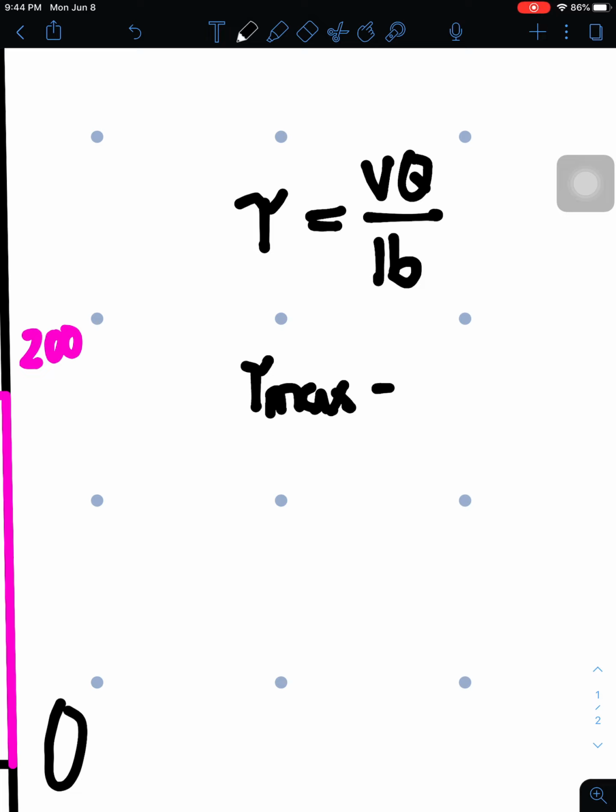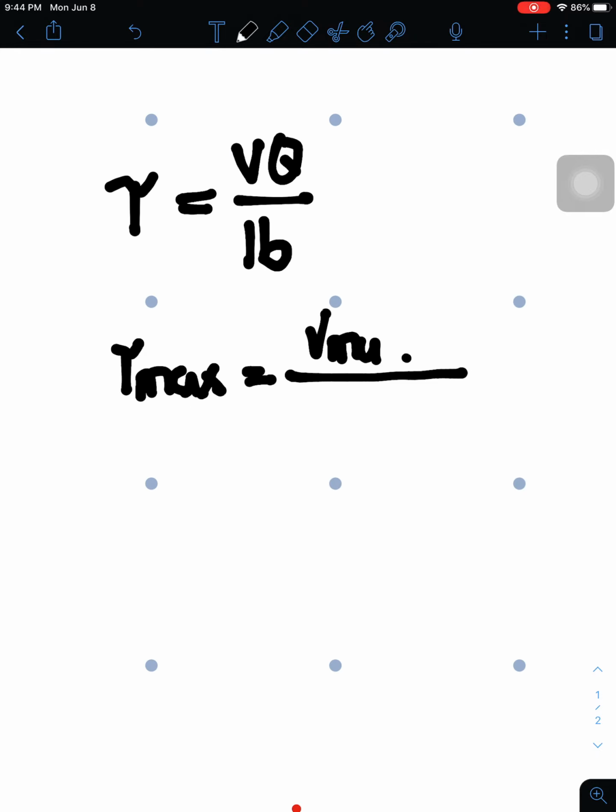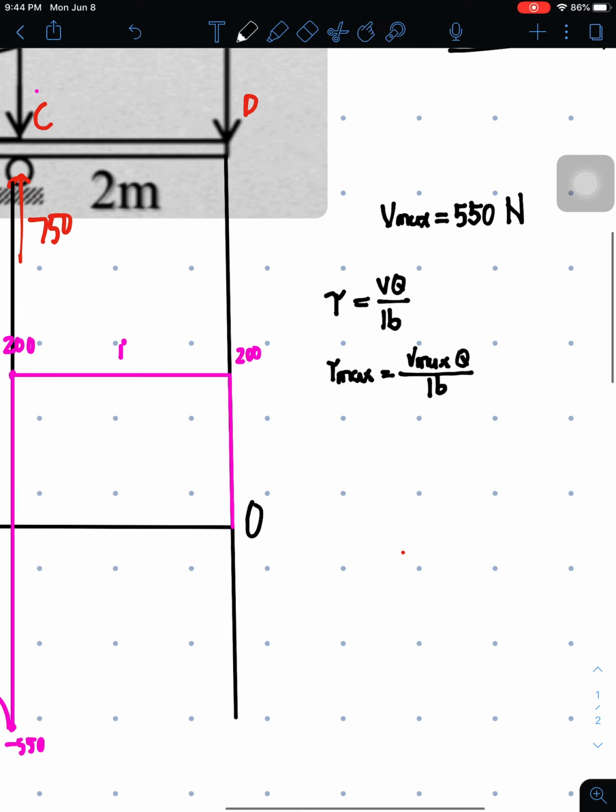So therefore, our V to be used now is also the max. And then the Q, over the I and the base. Right?